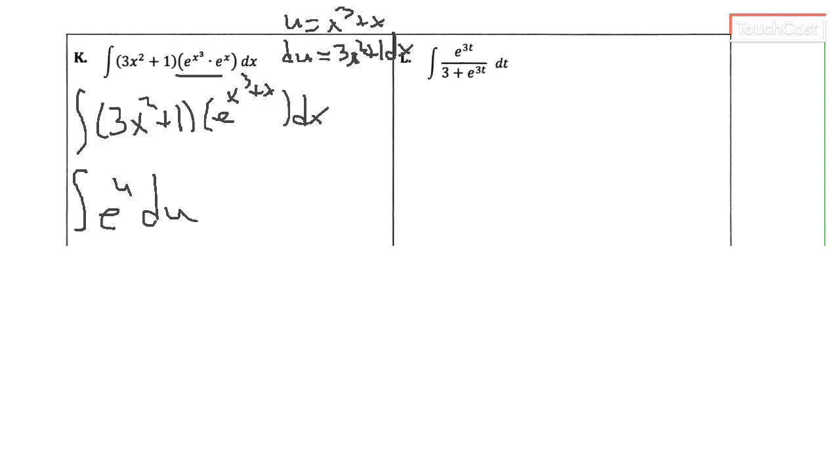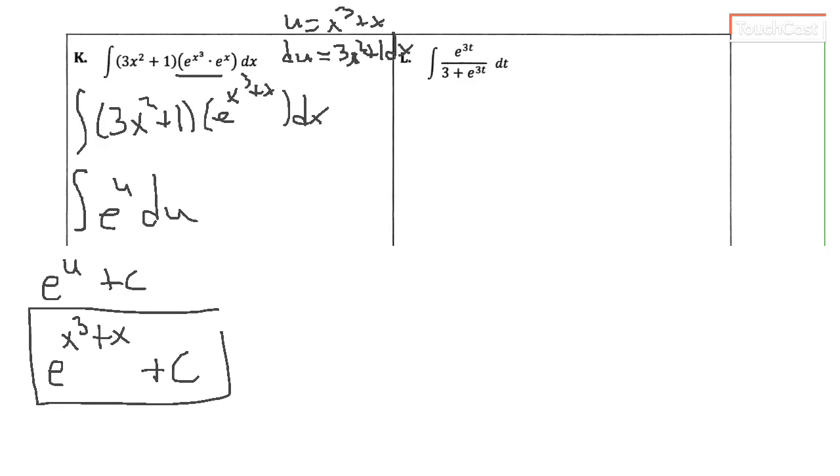And that's fine. Which means when I take the integral, I'm just going to have e to the u plus c, and I can replace u with my x cubed plus x. So I'm going to have e to the x cubed plus x, not plus 1, plus c. And we're all done with that one.